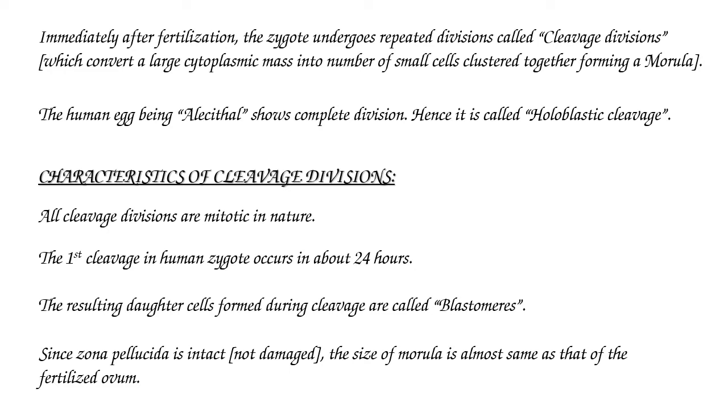So let's see the type of human egg. The type of human egg is alecithal. There are different types of eggs based on the amount of reserve food material.